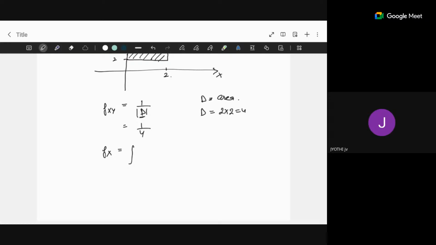Integrating with respect to Y, right? So my Y is going from 2 to 4, and the PDF is 1 by 4, integral of 1 by 4 dy. So this will be y upon 4, going from 2 to 4. So this is 4 minus 2 divided by 4, which is basically 2 by 4.